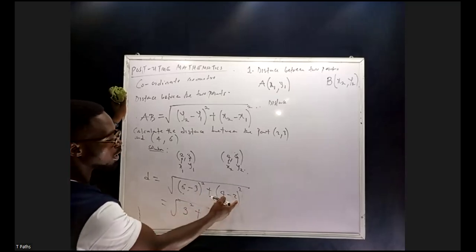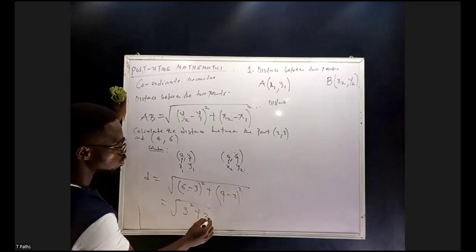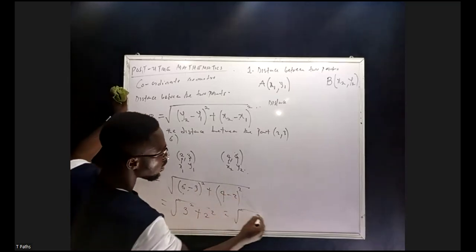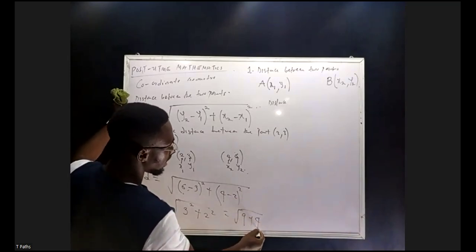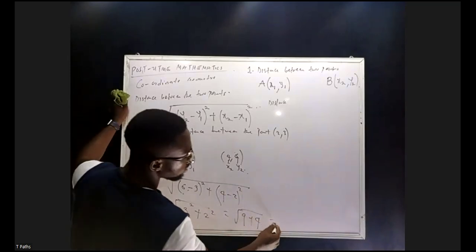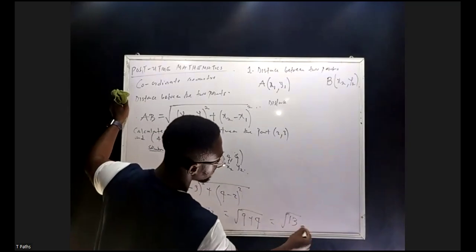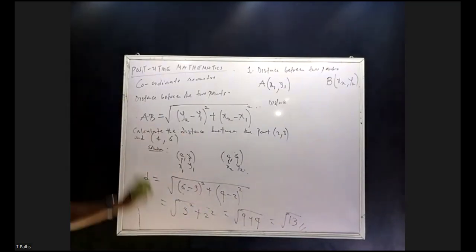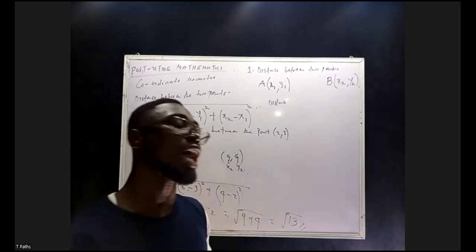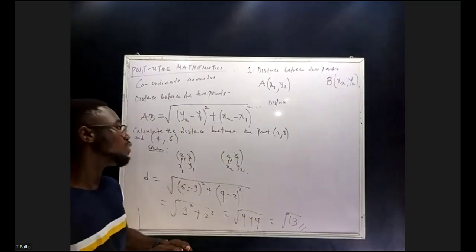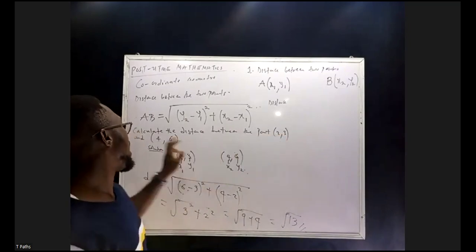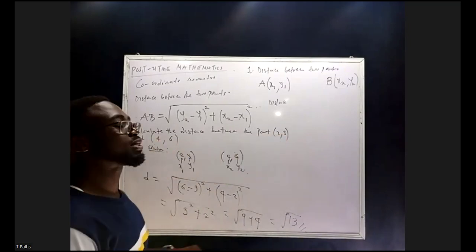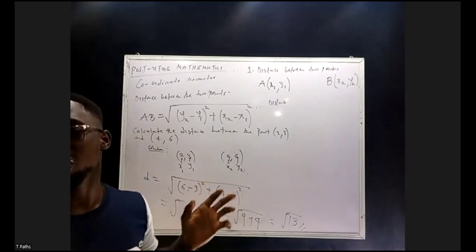Plus, what is 4 minus 2? 2 squared. So you now ask yourself, what is 3 squared? 9. What is 2 squared? 4. So what do you have there? Square root of 13. That's the value for the distance between the 2 points, 2, 3 and 4, 6. So as simple as that.